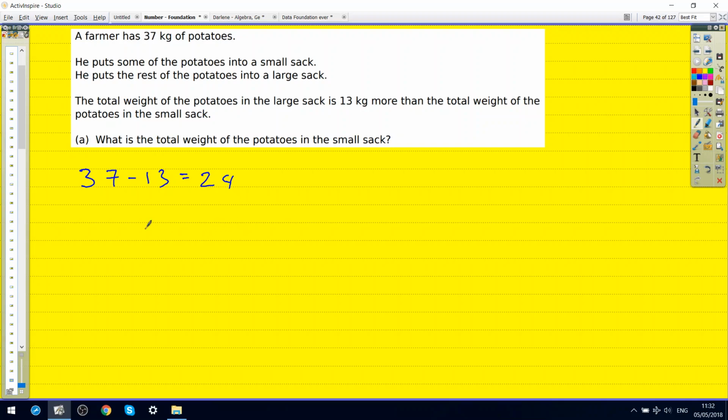So the large sack should have 13 kilos more than the total weight of the potatoes in the small sack. So how much is in the small sack?